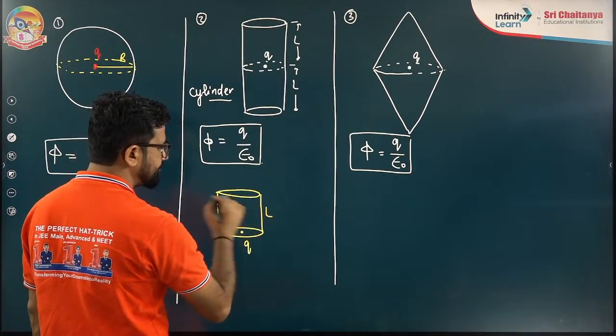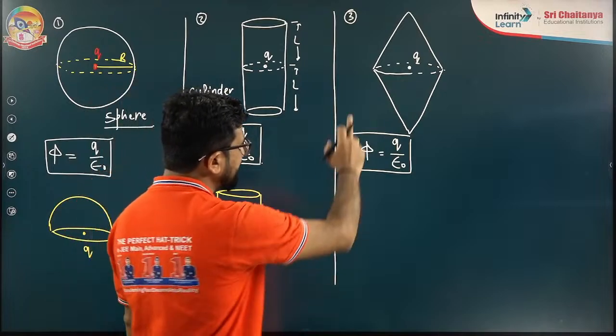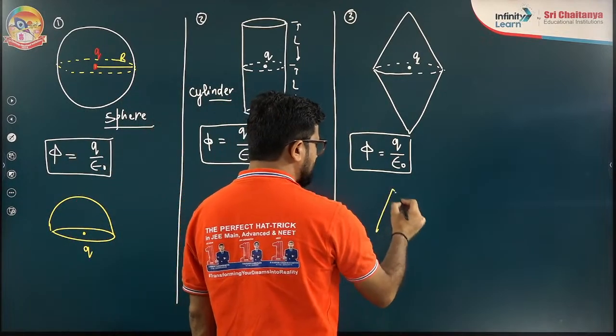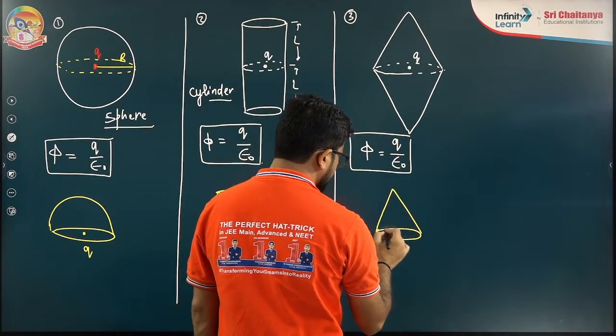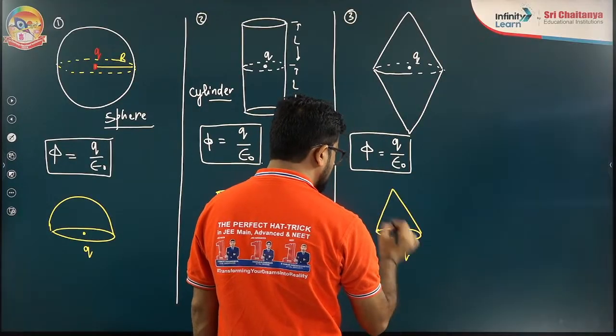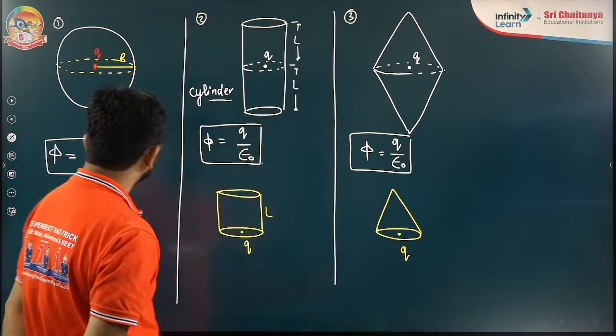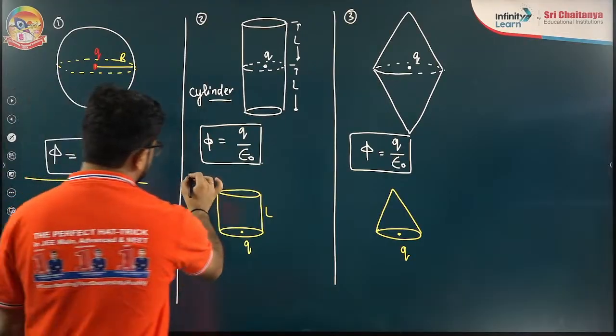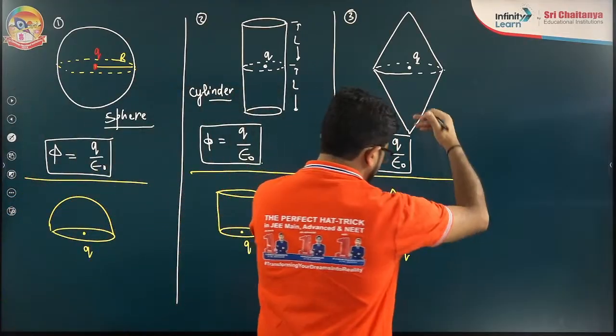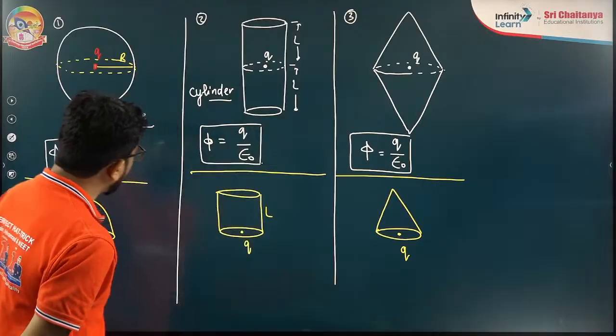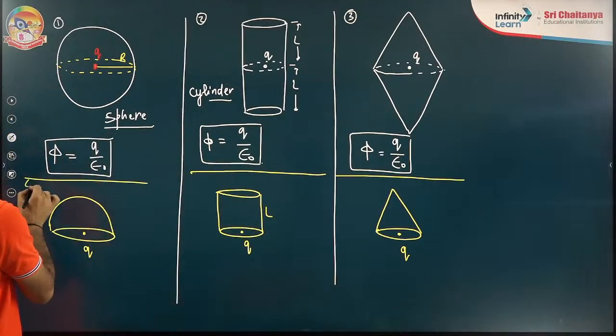This length is L. And similarly here also I am taking only the above cone and placing charge q like this. This above part is over now. Try to understand. The above question is completed.